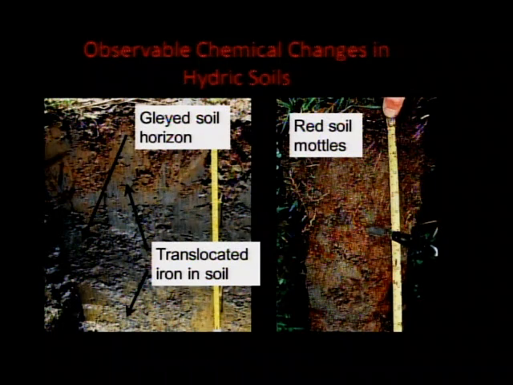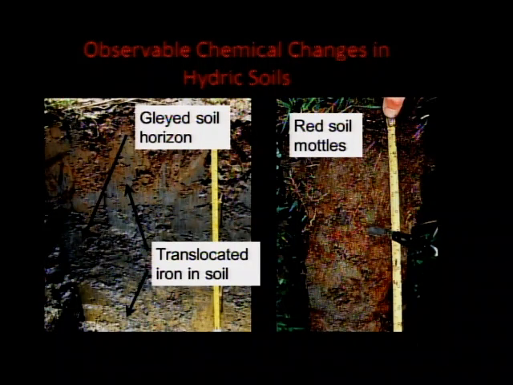Another way to differentiate hydric soils from upland soils is by color. The decomposition of organic materials by anaerobic microorganisms results in predictable, long-lasting chemical changes in soils that leave behind an observable chemical signature. It is this signature that wetland delineators look for as a means of identifying the hydric soils indicative of a wetland.